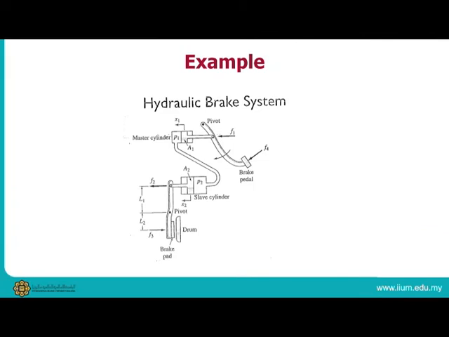Now we look into another example, which is a hydraulic brake system. Here you are going to find the relationship between F4, which is the input, and F3, which is the output. If you look into this part, you can draw a free body diagram like this.